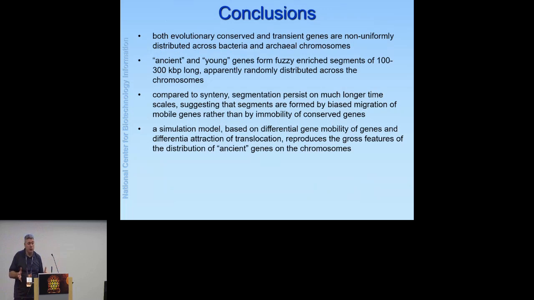So conclusions. We do have a strong segmentation, very non-uniform distribution, segments of variable but narrowly distributed sizes, and we seem to have some, not evidence, but some suggestions that this structure is dependent on differential mobility and differential attractions of sites on the chromosome.